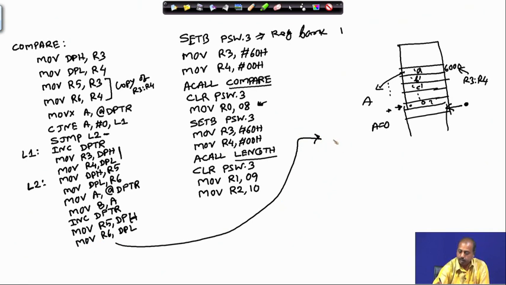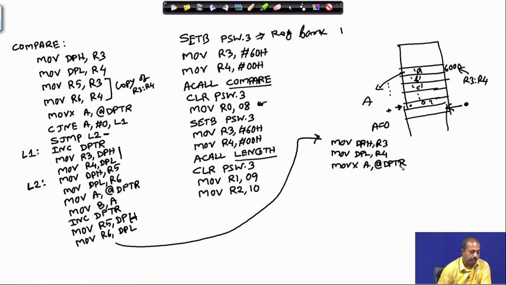So, MOV DPH, R3, MOV DPL, R4, okay. Then MOVX A, @DPTR.